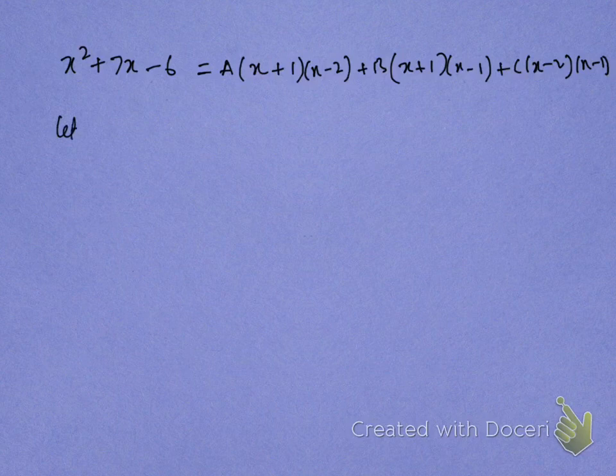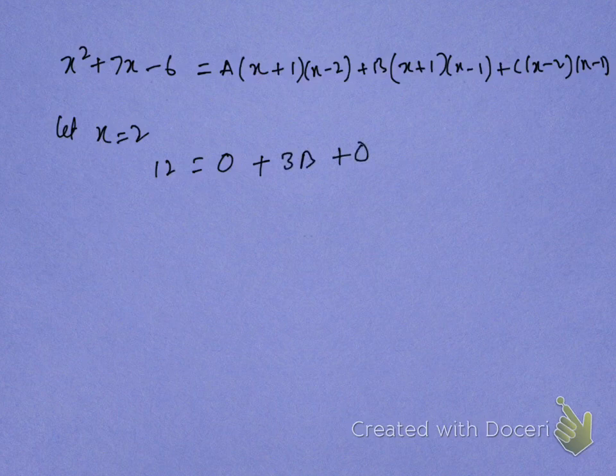Now substitute the value x = 2. On the left side we have 12. The first term will be 0, the second term will be 3B, and the last term will be 0. Therefore the value of B will be 4.